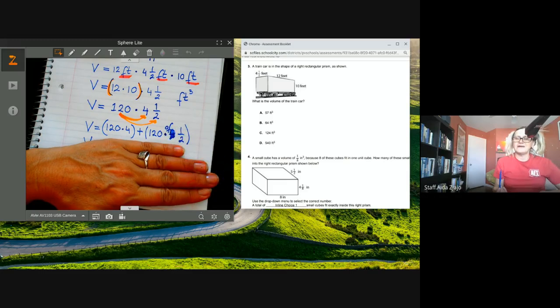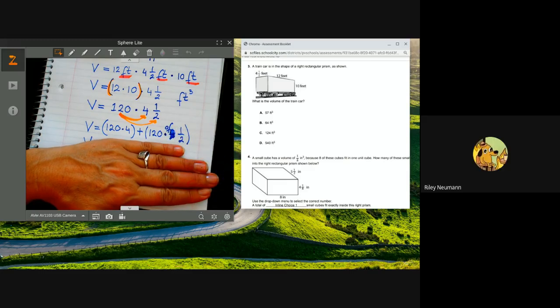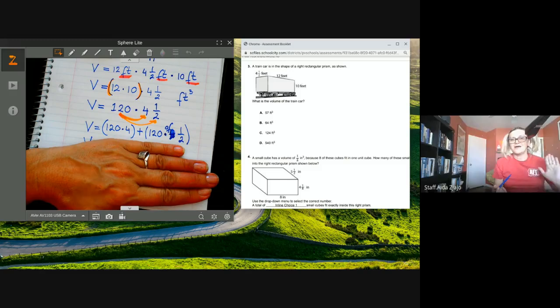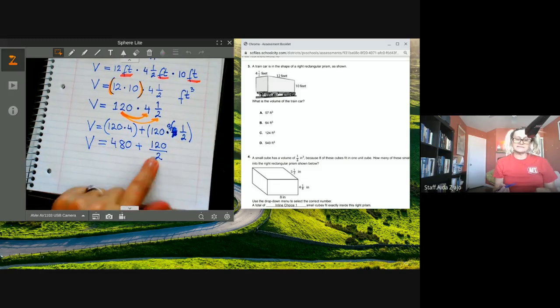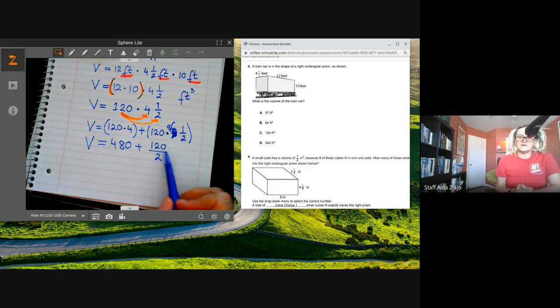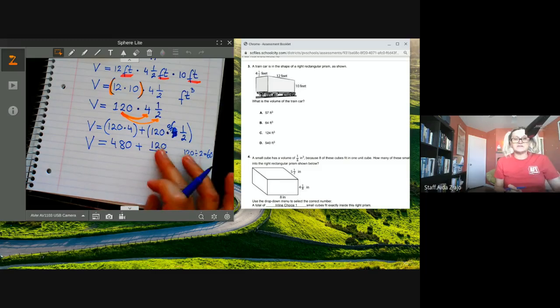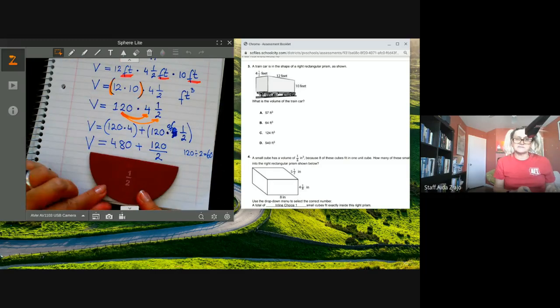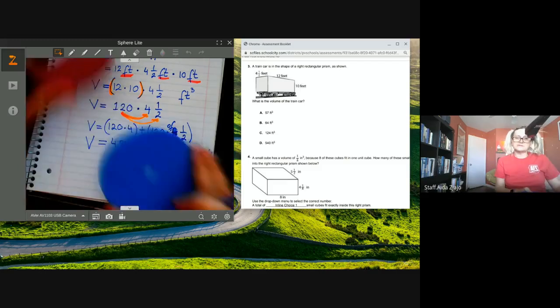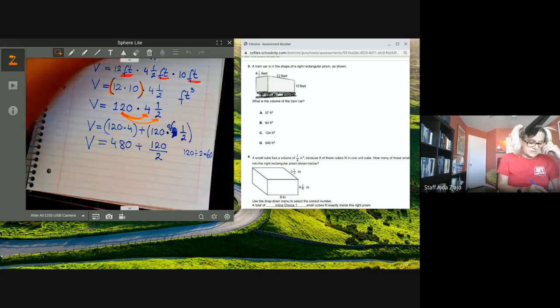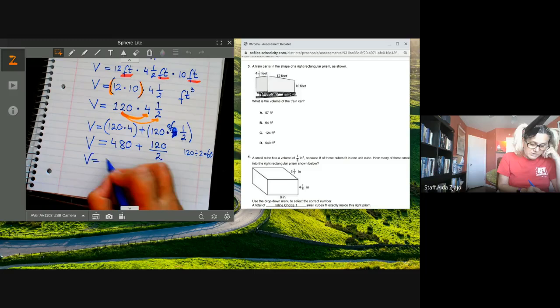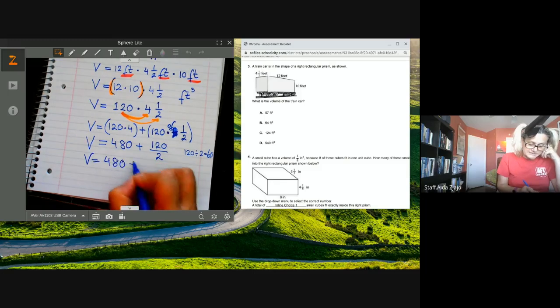What is a half of 120? 60. There you go. And it's the same if you do 120 divided by 2, that's 60. Or if you have 120 halves, you can make 60 wholes with that. And then V equals 480 plus 60.